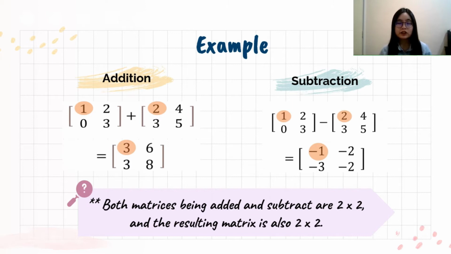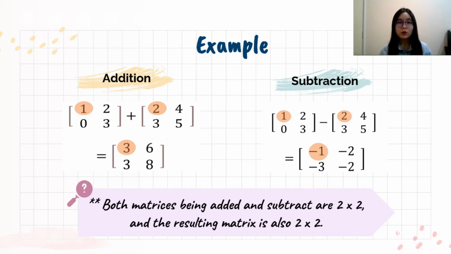From the addition example, we can see that the element 1 in the first matrix is added to the element 2 in the second matrix to produce the element 3 in the resultant matrix. Also, in the subtraction example, the element 1 in the first matrix is subtracted from the element 2 in the second matrix to produce the element -1 in the resultant matrix.